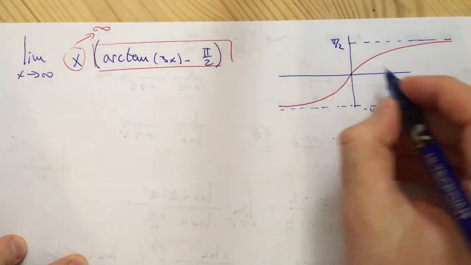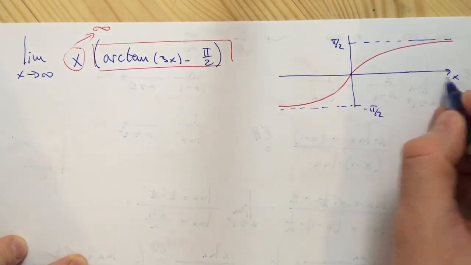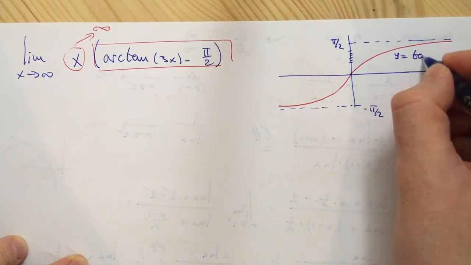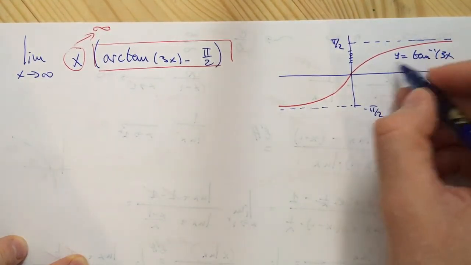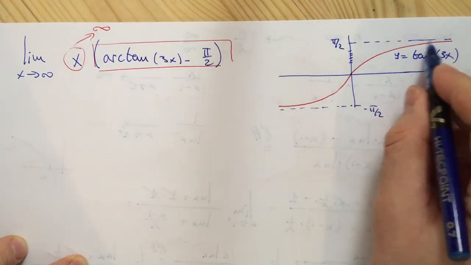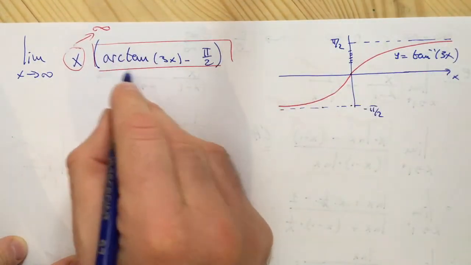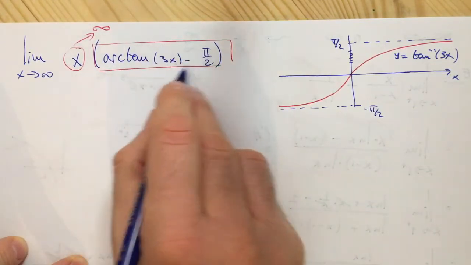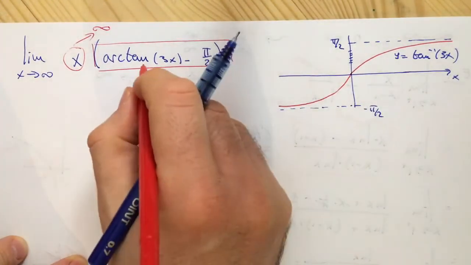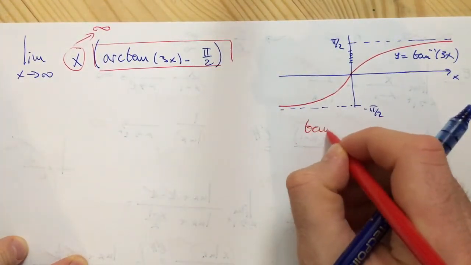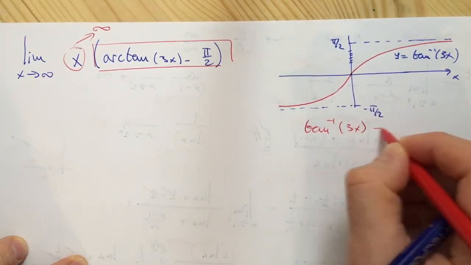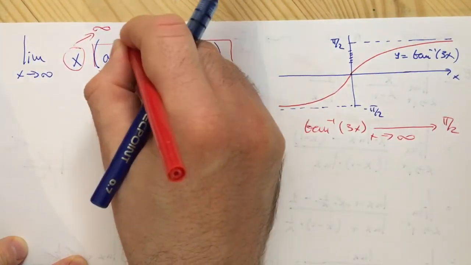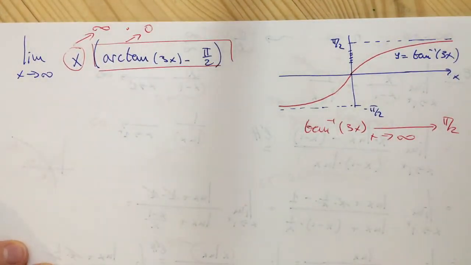So as x goes to infinity, arctangent approaches pi over 2. So if this term goes to pi over 2, this whole factor here is approaching 0, right? Pi over 2 minus pi over 2. So this one approaches 0, so indeed we have infinity times 0.